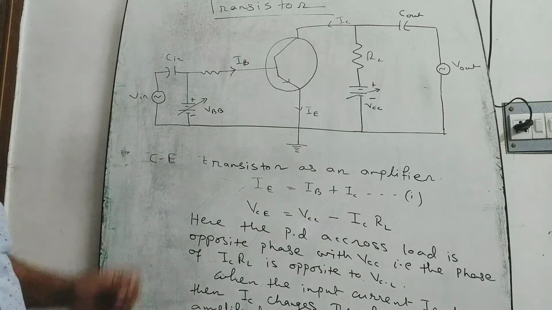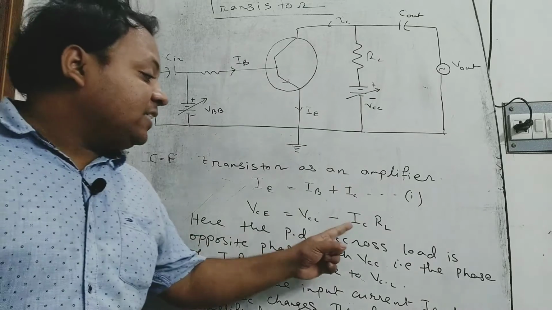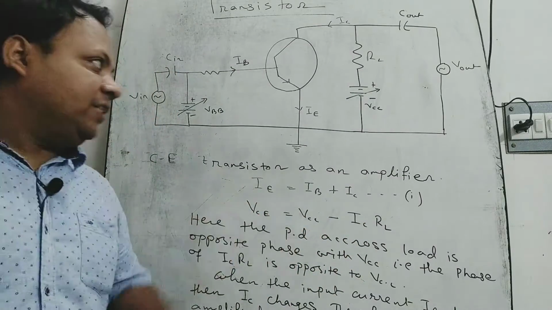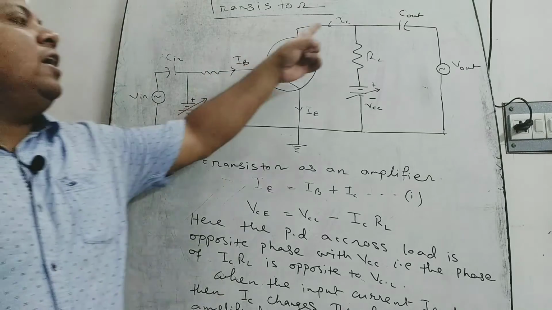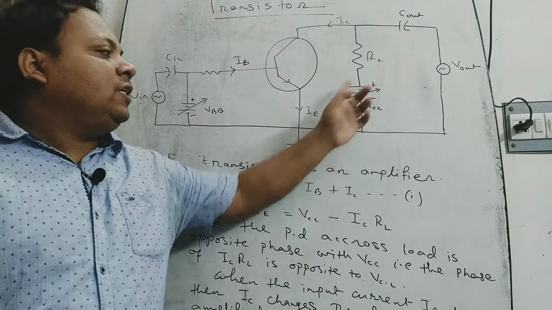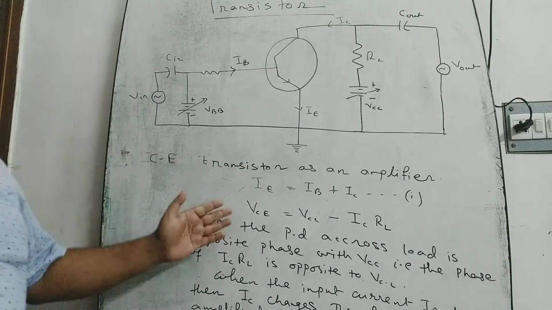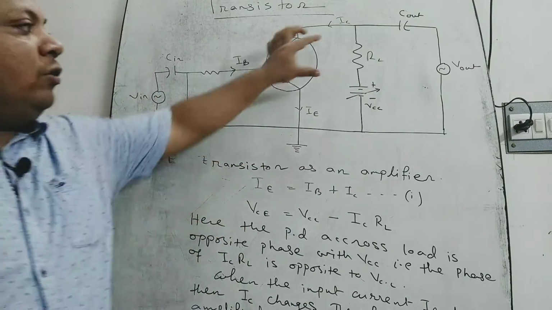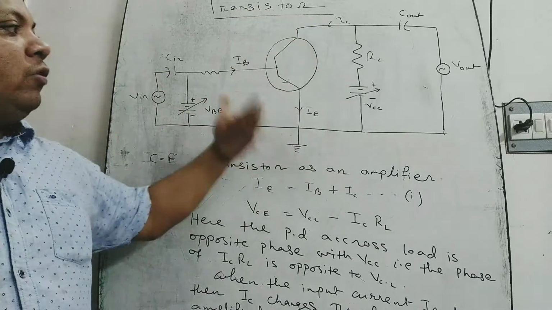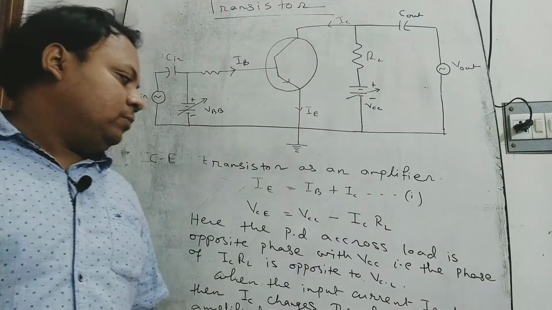Since IC RL, that is the collector current, is in the opposite phase of VCC, the potential drop across the load resistor RL is out of phase with VCC.